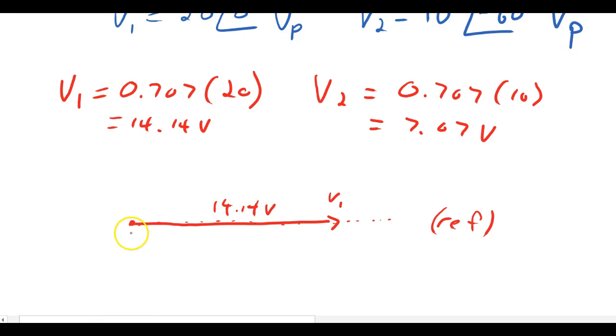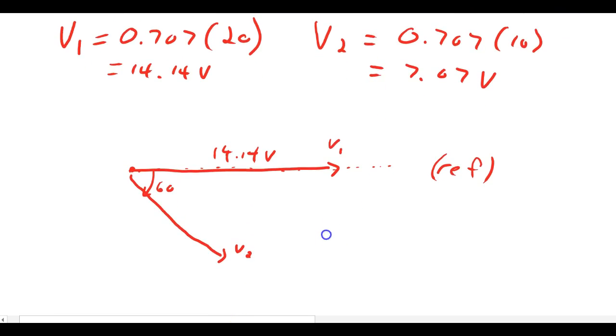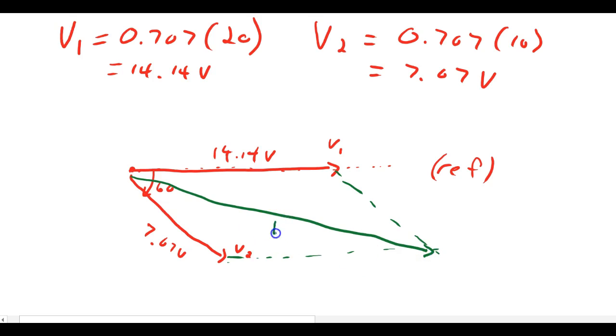We have V2 at an angle of 60 degrees, and V2 has an approximate length of 7.07 volts. To add these, the parallelogram method suggests that we complete the parallelogram, and the resulting vector is the V resultant we want at some angle theta.